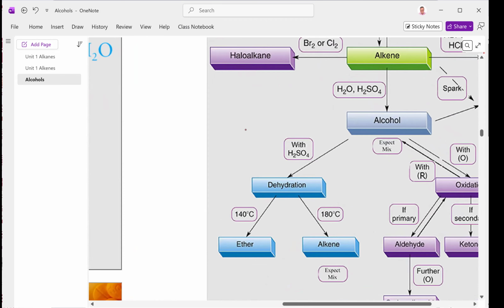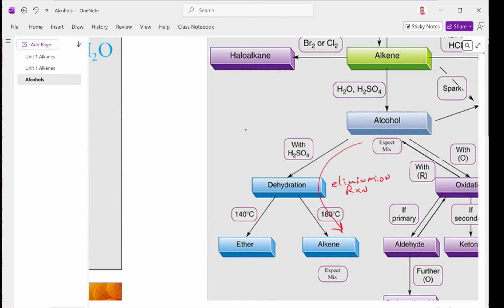Okay. So now an alcohol can become an alkene. That's a dehydration or elimination. Elimination reaction or dehydration.